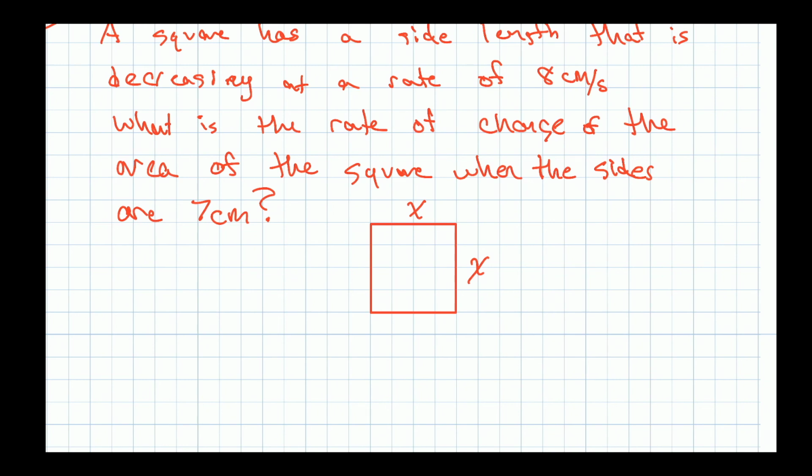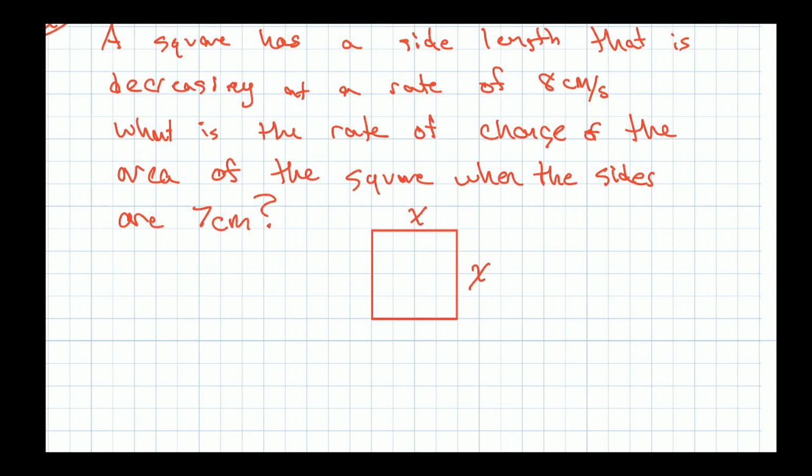What else changes? What is the rate of change of the area of the square? I don't really know where to label area, but I'll put it on the inside and just call it A. That's it. Area is A, sides are x, the end.